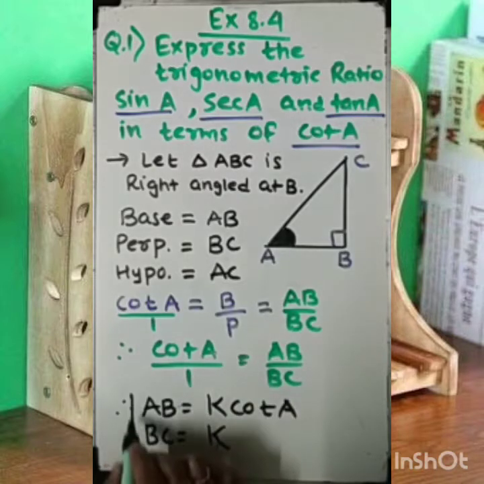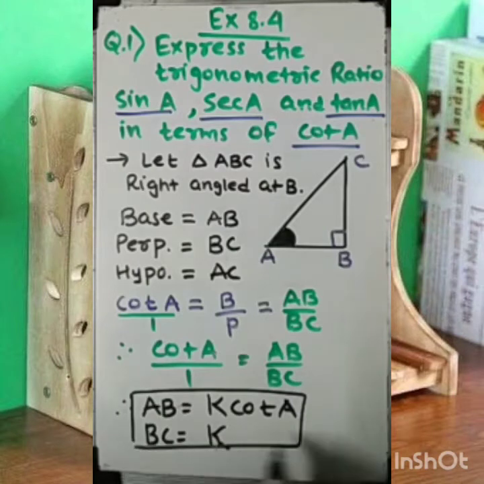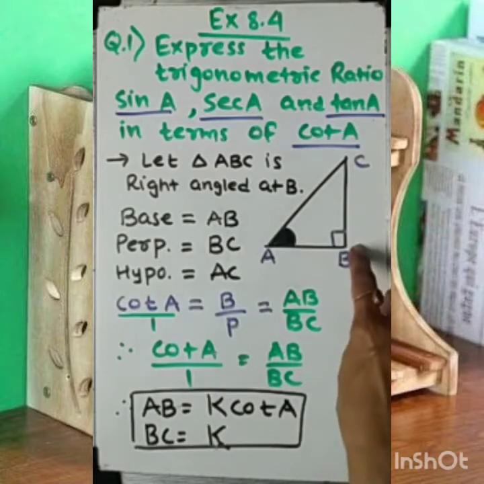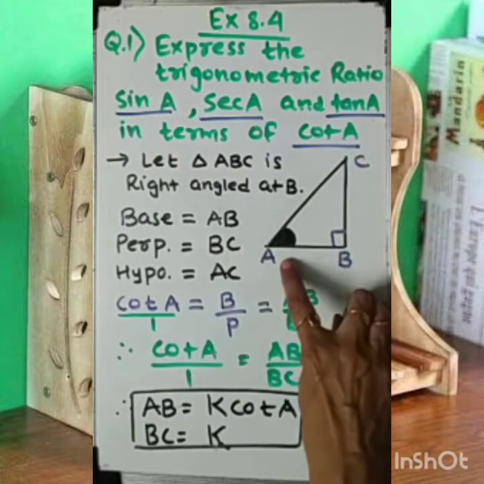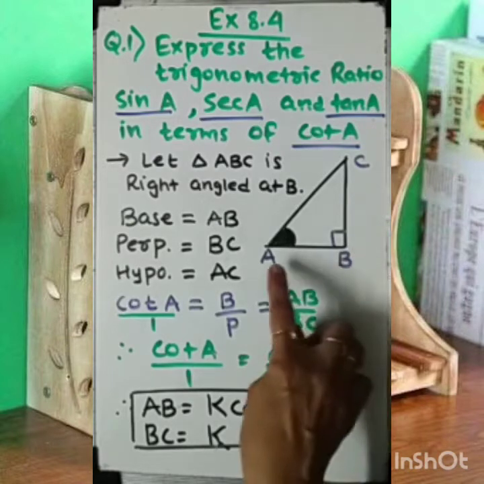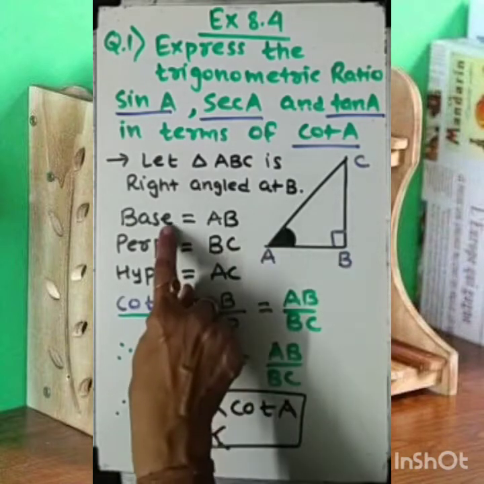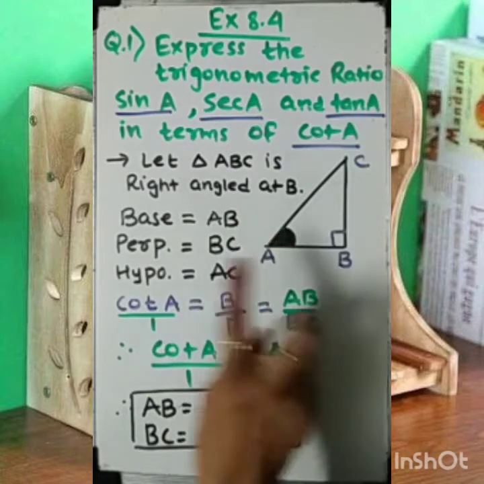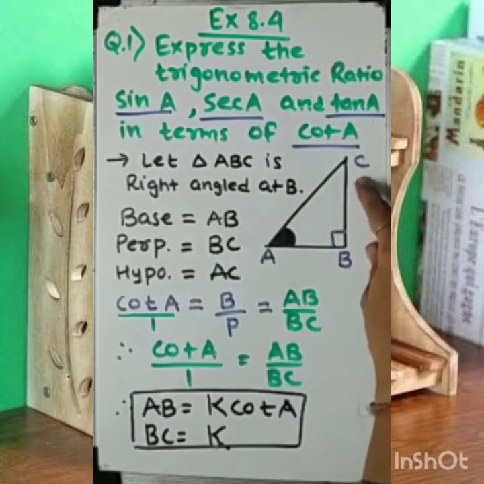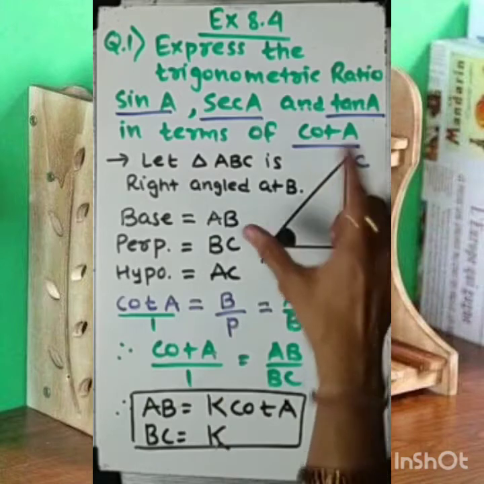Once again I am explaining these concepts, otherwise it's not possible to understand this nicely. First of all, we are choosing angle B as a right angle and angle A as an acute angle. That's why after drawing this right angle triangle, we can decide base is AB and perpendicular is BC, and of course hypotenuse is AC.